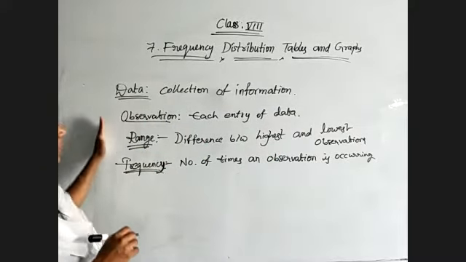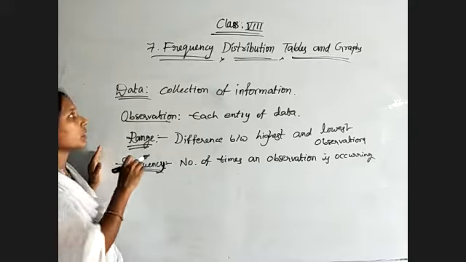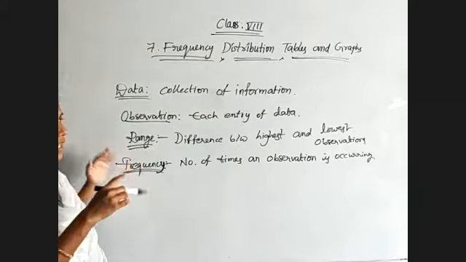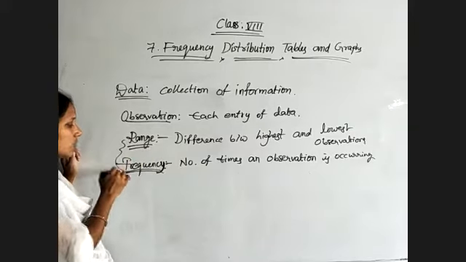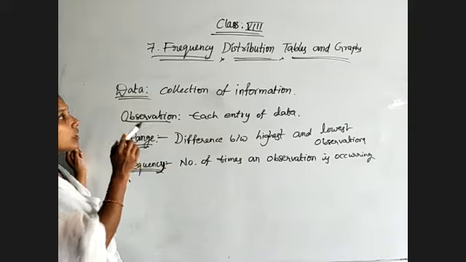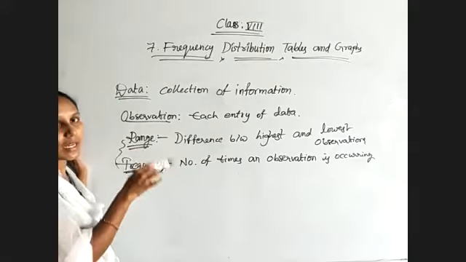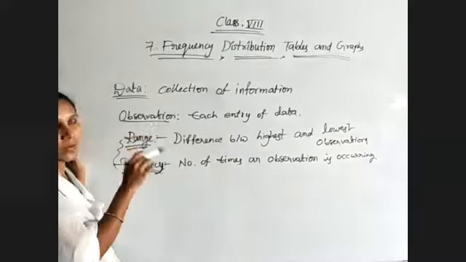These are the four things you need to remember while we are doing frequency distribution tables. All of these we will calculate: what is range, what is frequency. But first, let us know the definitions.